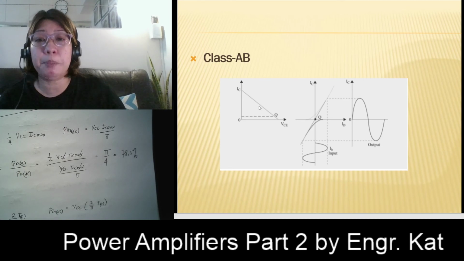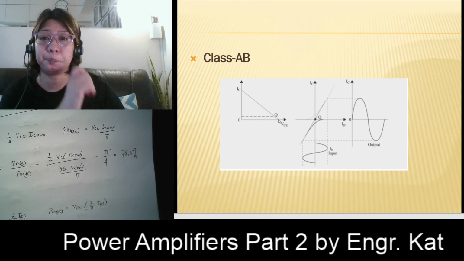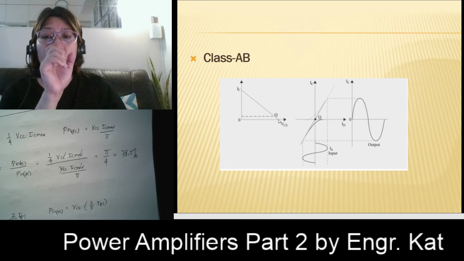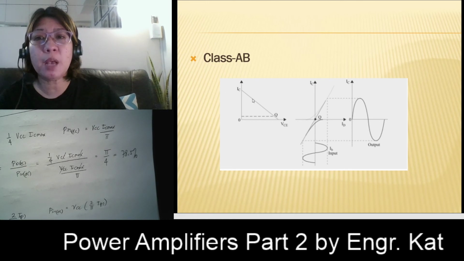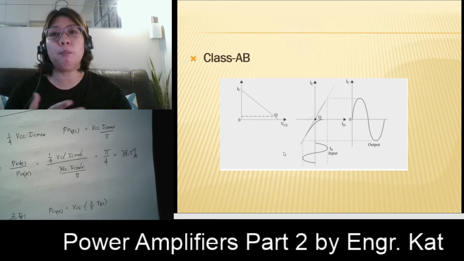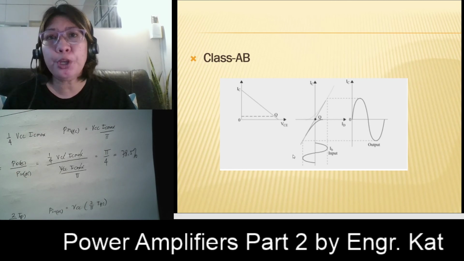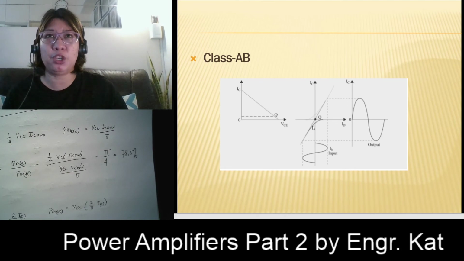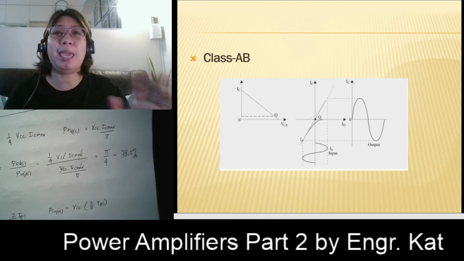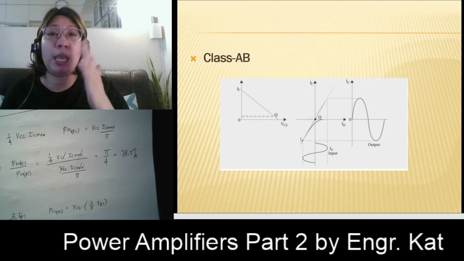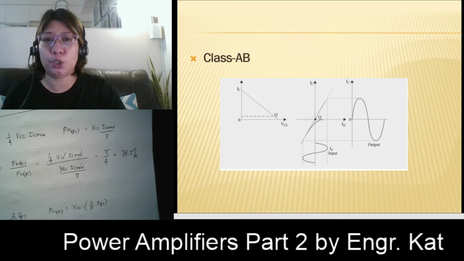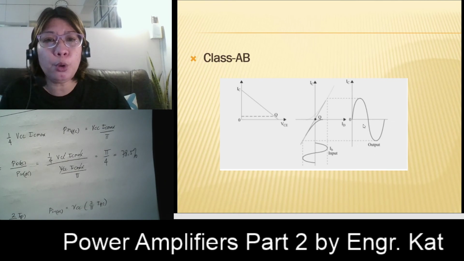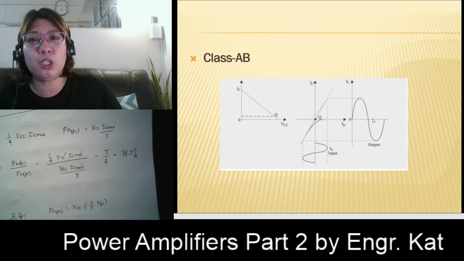For class B, it is located at the cutoff. So we place our Q point somewhere between class A and class B, so that during the time that both transistors are turned off, there will be a small input bias voltage, so that we can remove the effect of the crossover distortion. In that case, we no longer have the crossover distortion here.